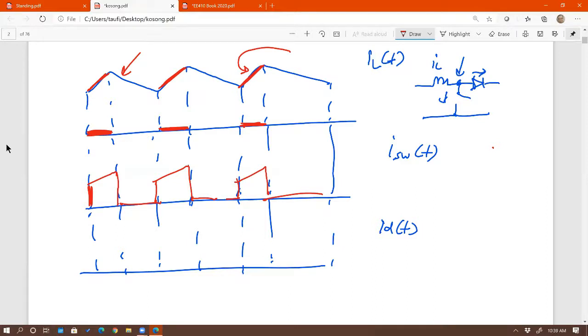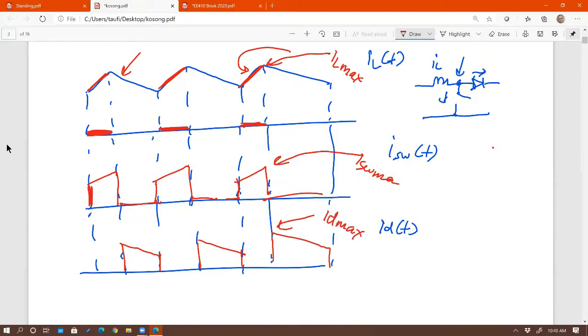And then when the diode is on, the switch is off, and the rest of the inductor current flows through the diode. Oh, so the diode peak is the same as the inductor peak then? Exactly. Very good. That's why I'm drawing this, so it will be clear to you that another important thing about I_L max is that it is going to be the same as I switch max, and also the same as I diode max.